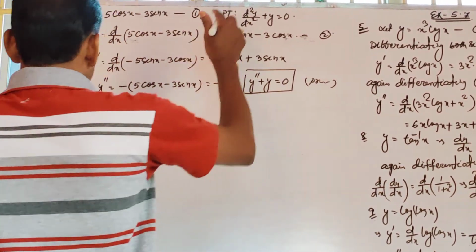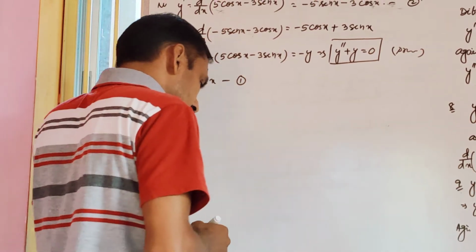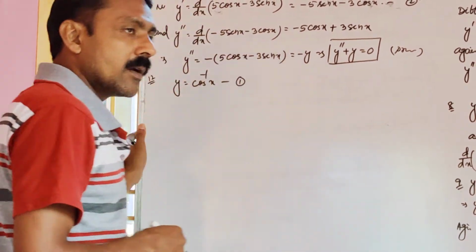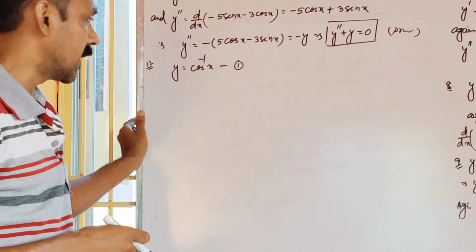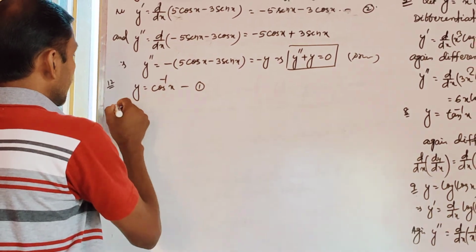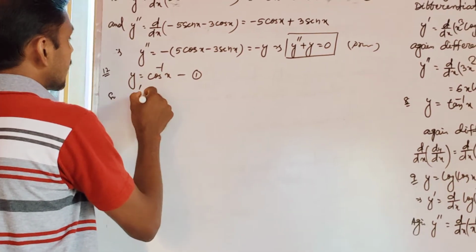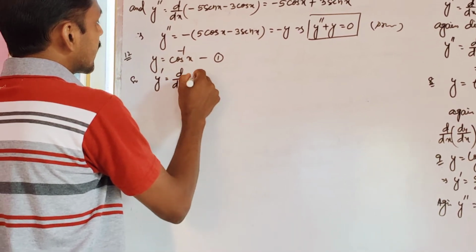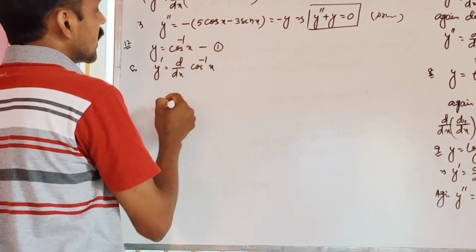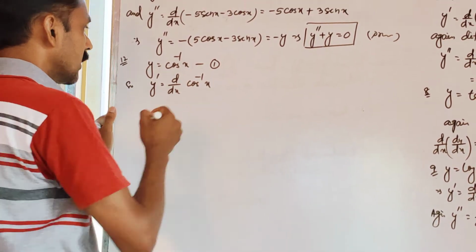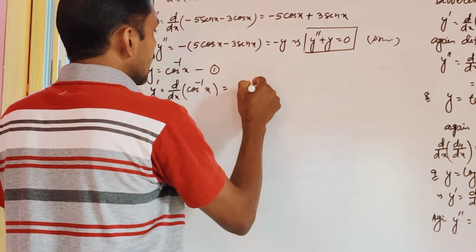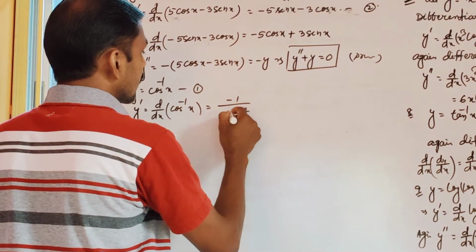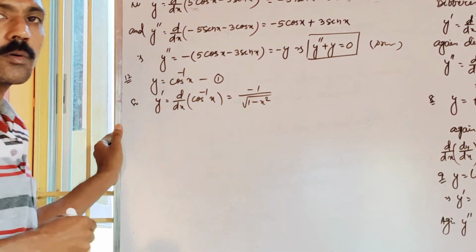Then number 12. Then you have to find the second order derivative only in terms of y, so no x will be there. So here y dash, y dash is d by dx of cos inverse x. Here, the derivative of cos inverse x is minus 1 by square root of 1 minus x square.